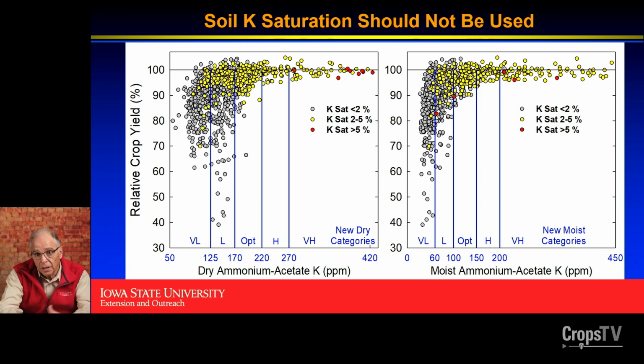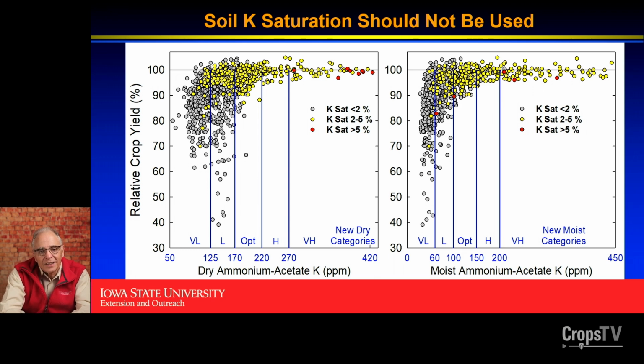And this is data from Iowa for both the dry test on the left and the moist test on the right. And those yellow points, okay, those have the saturation that some people say that should be, okay, 2 to 5% saturation. As you can see, they are all over the place.